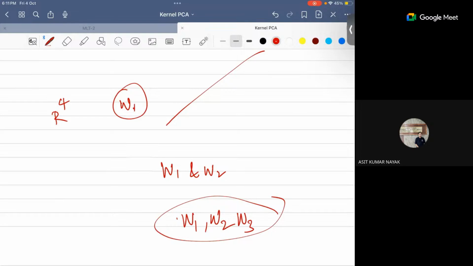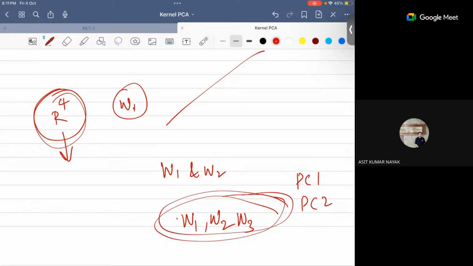And if we are working on this data set that is in R4, okay, with its help we'll be able to find at least 3 principal components, right? Because maybe this data set is lying on some linear subspace that is of lower dimension, that is, lower than 4. So we can have 3 principal components.